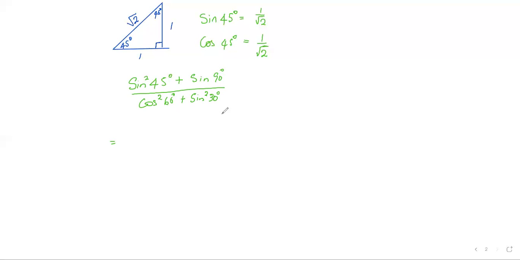Now the sine of 45 is that. So note that the sine squared 45 degrees is the same as the sine of 45 multiplied by the sine of 45, and this is sine squared 45 degrees.